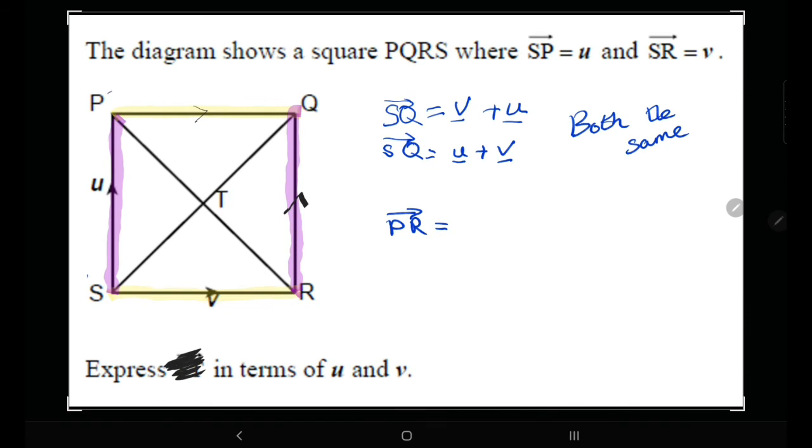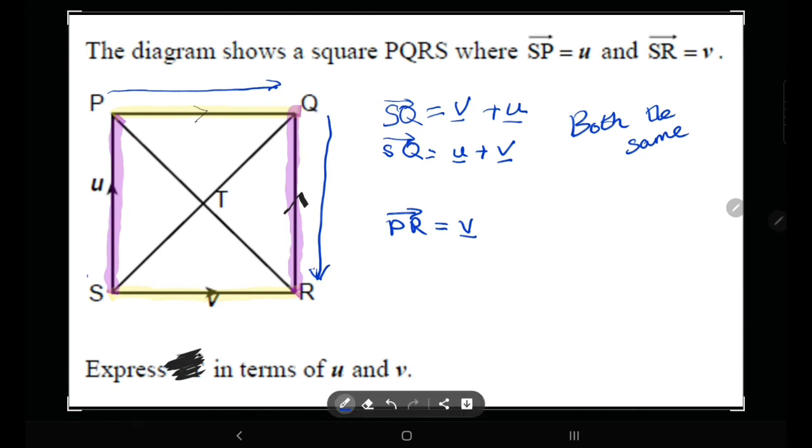So either we're going along to Q, which is V, and then we're going down to R, but we have to be careful. When we were drawing vectors, if we had a negative vector we were drawing, we went the opposite direction. So the flip is true, that if you're going the opposite direction, you have a negative vector. So we have negative U.